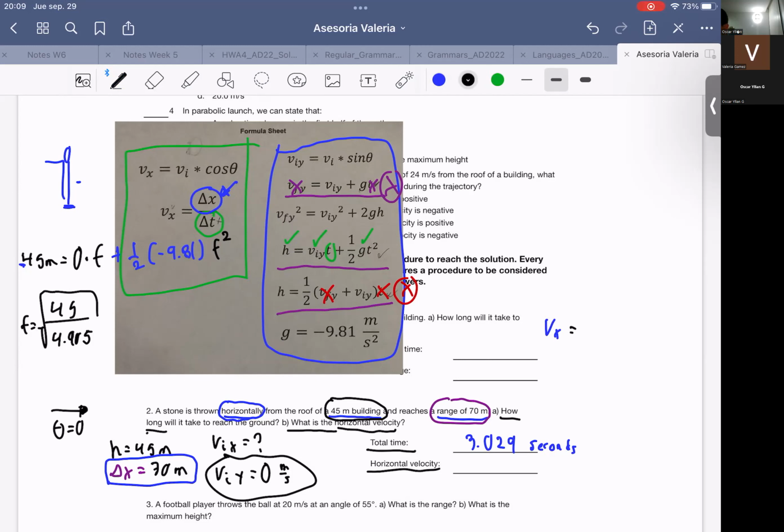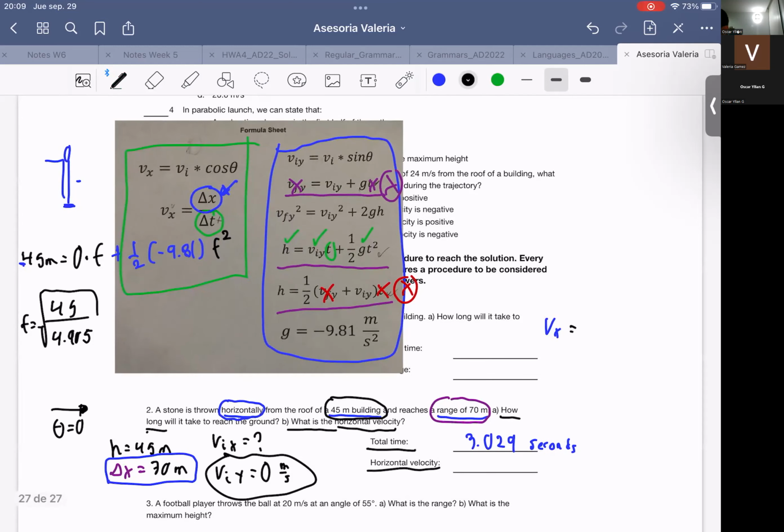We are going to divide 70 divided by 3.029. Perfect. What do you get if you do that? 23.110. 23.110 what? Meters per second. Horizontal velocity. Meters per second, perfect.